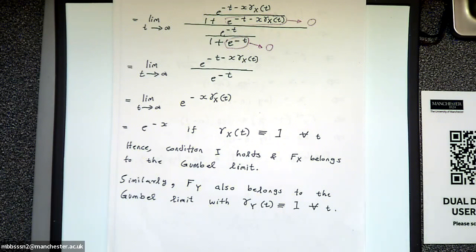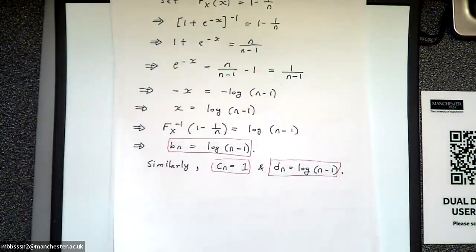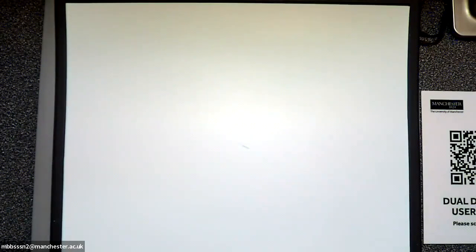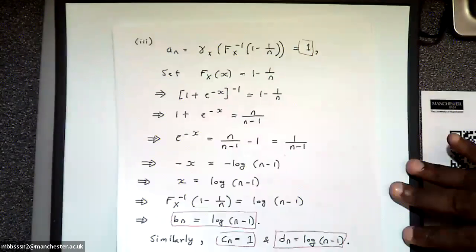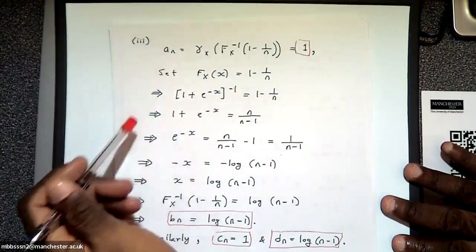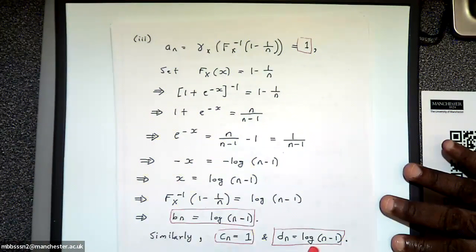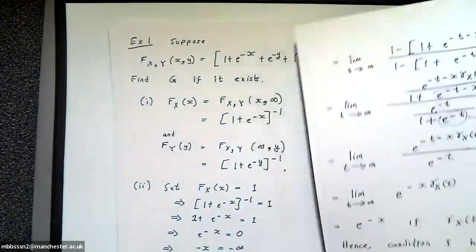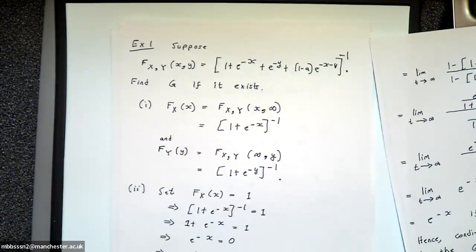Step number 3 is to use the formulas I gave you to determine A_n, B_n, C_n, and D_n. So you need to go back to the 4-step procedure.